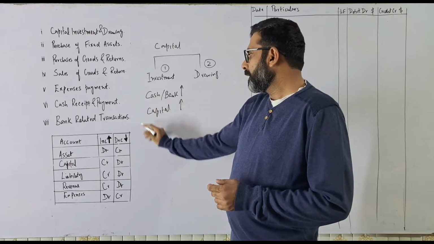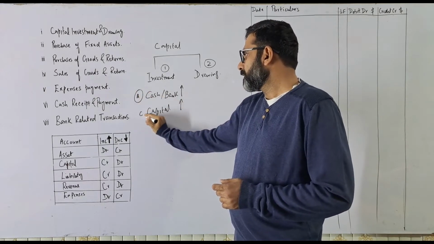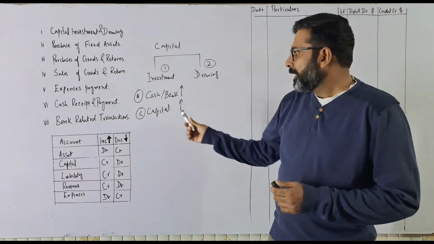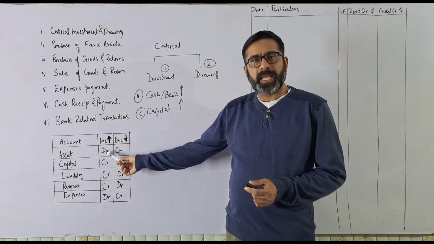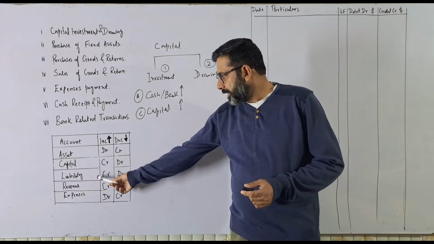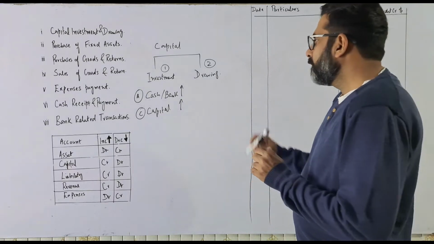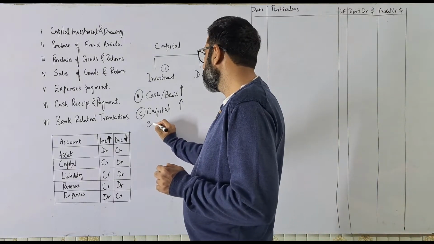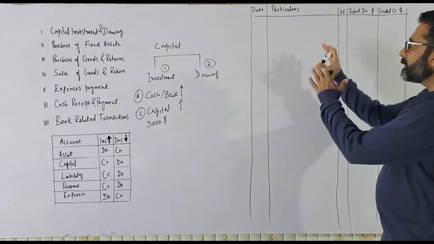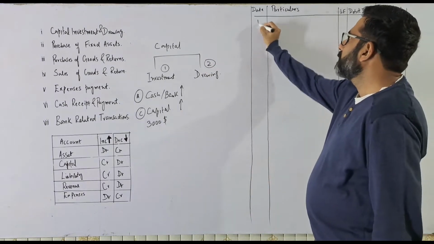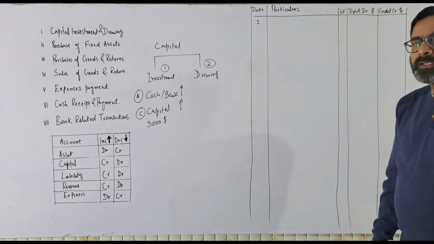So here we have the rules. I hope you remember that cash is an asset and this is obviously the capital. Asset is increasing and capital is increasing. An asset increase is debit and a capital increase is credit. For example, the amount is $3,000. The transaction will be recorded here on date 1.